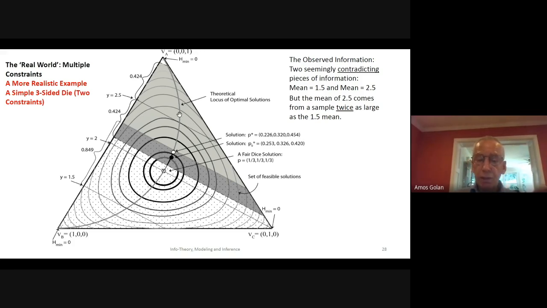And where does the solution have to be? Remember, the solution has to satisfy both constraints. So in this approach, what it means is that the solution must be in what I call the set of feasible solutions, the dark gray area that includes all of the dots here.